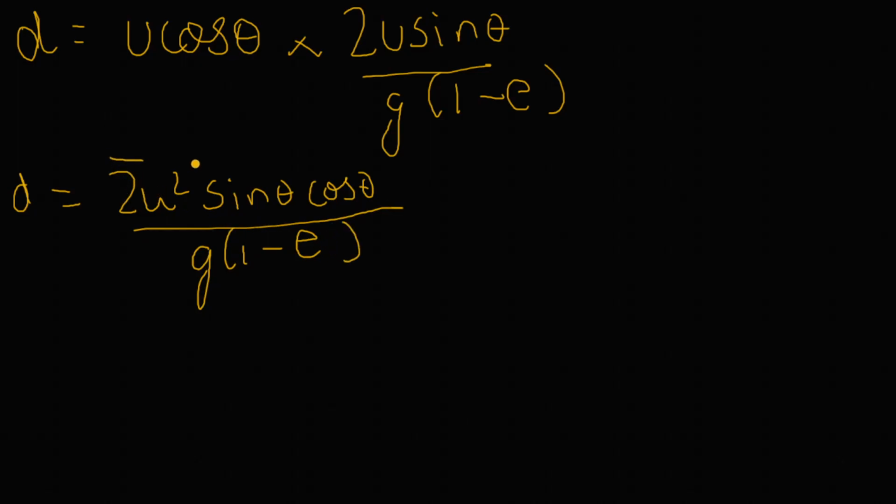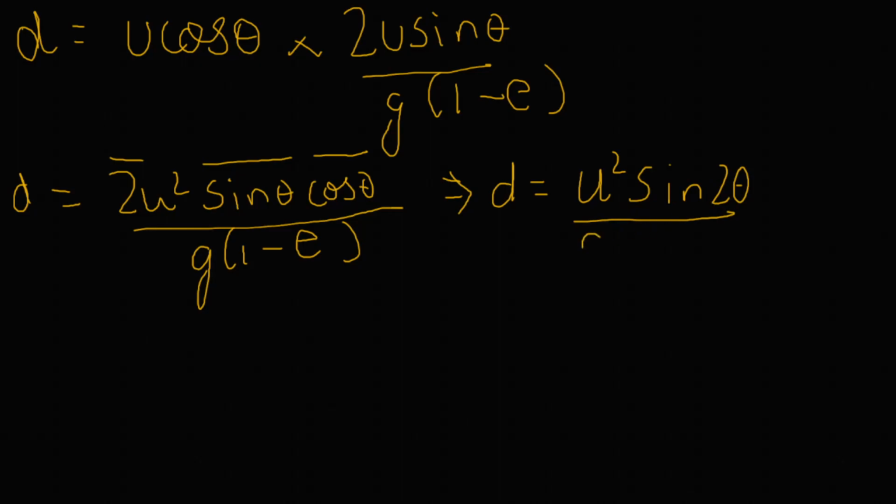We know that 2 sine theta cos theta can be replaced by sine 2 theta. So we get d equal to u square sine 2 theta by g into 1 minus e.